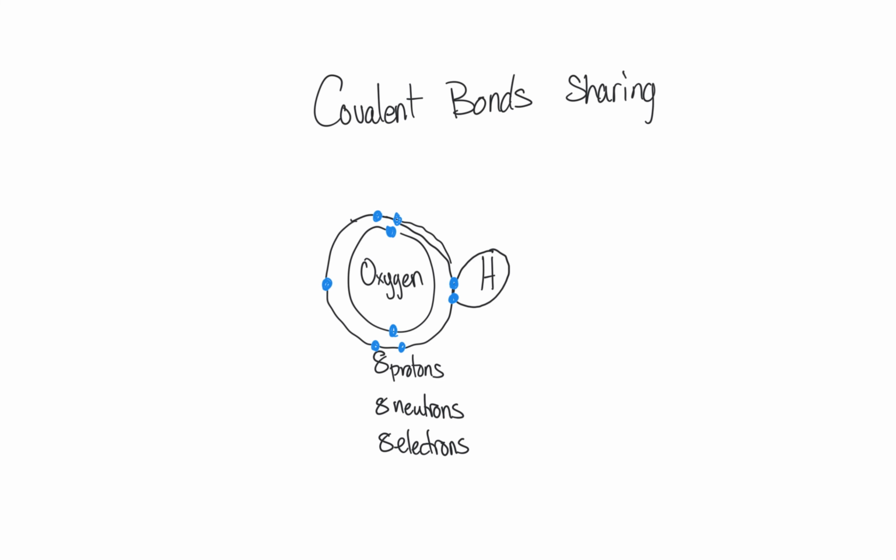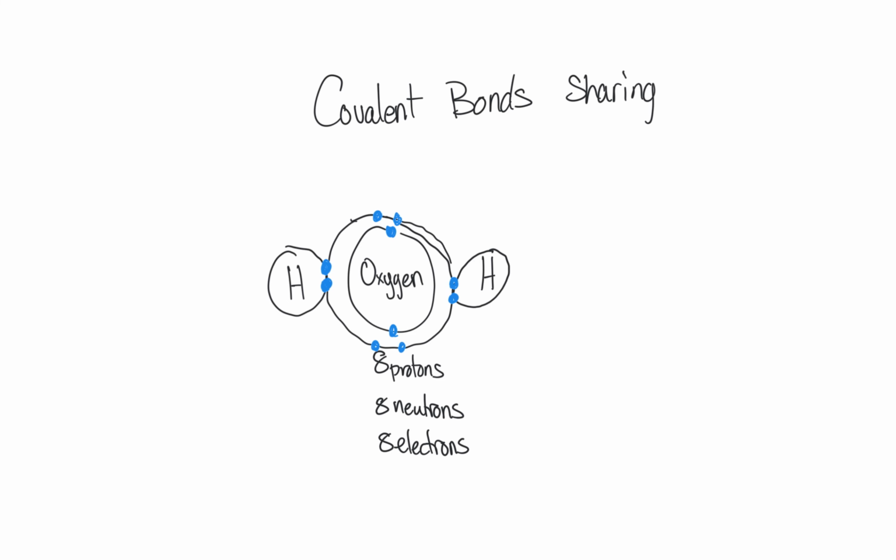And oxygen now has 7 electrons that it can use. So if a second hydrogen comes along and shares its electron as well, now both hydrogens are stable, and the oxygen is also stable with those 8 electrons. That only happens through sharing. So when they've shared these electrons, you can also bond them by the electrons themselves. And this is a covalent bond.